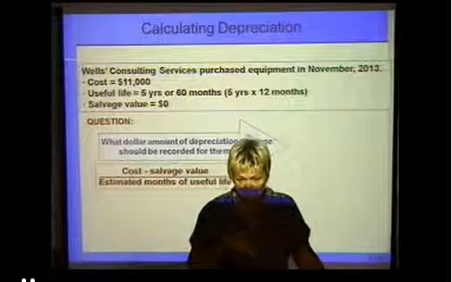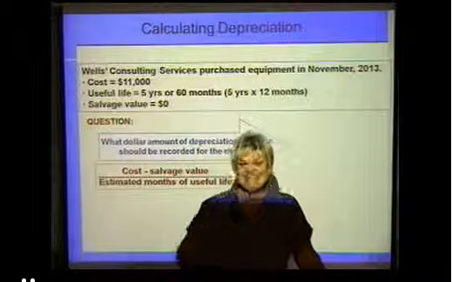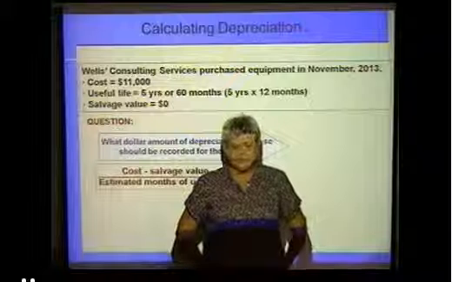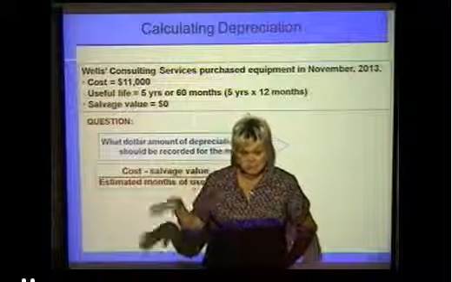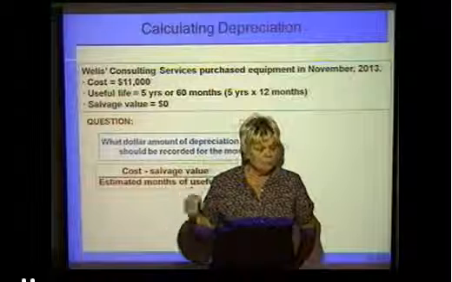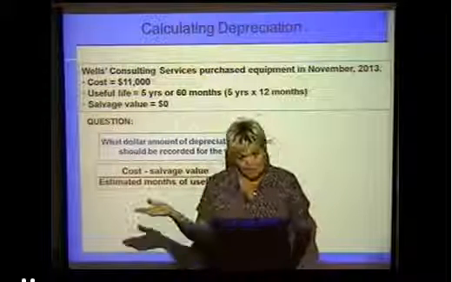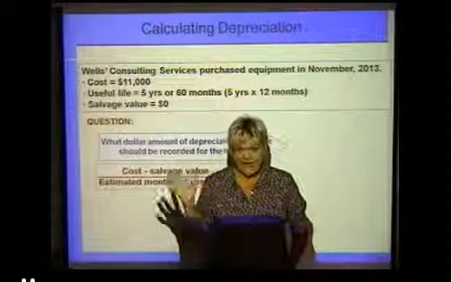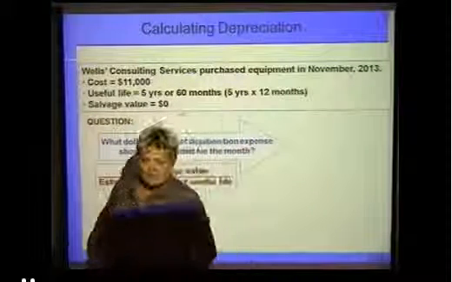Or some equipment, like printing equipment, they may say it'll run so many sheets, like 2 million sheets on a copy machine. It's supposed to give us at least so many impressions before it dies. It's different for different things, because we can figure depreciation on different methods, which we're not getting into in this class necessarily.